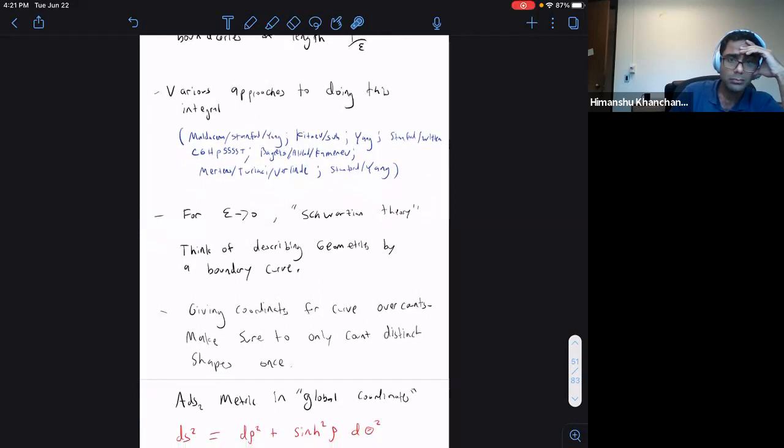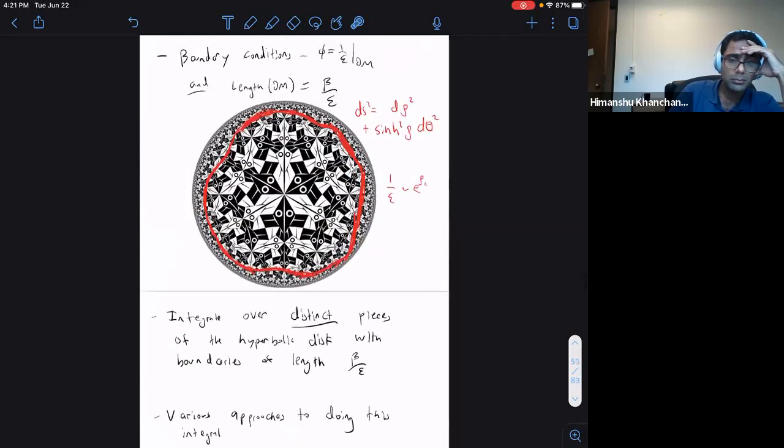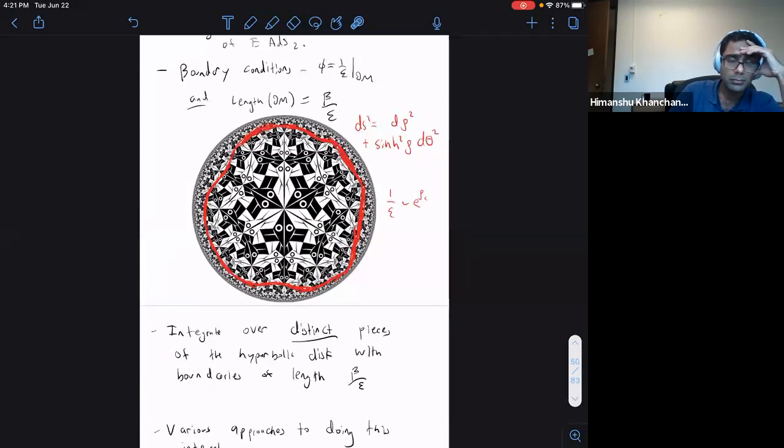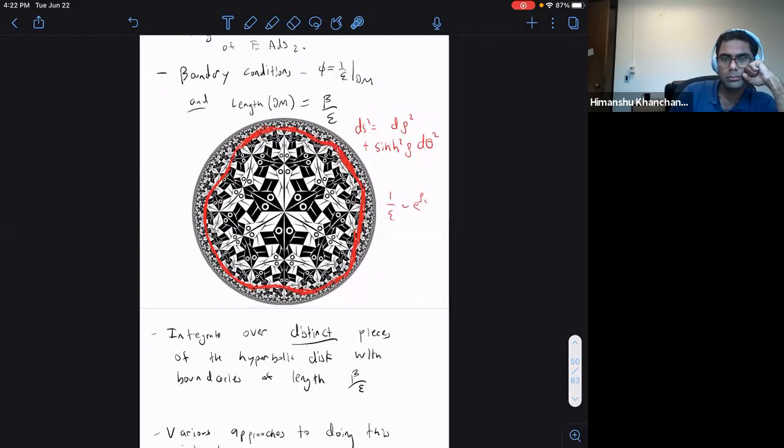So one thing to keep in mind that's somewhat important is that our strategy is going to be to think about this boundary curve. We're going to write the boundary curve in some coordinates, parameterizing it by a rho of some parameter and a theta of some parameter, and integrate over the boundary curve functions.